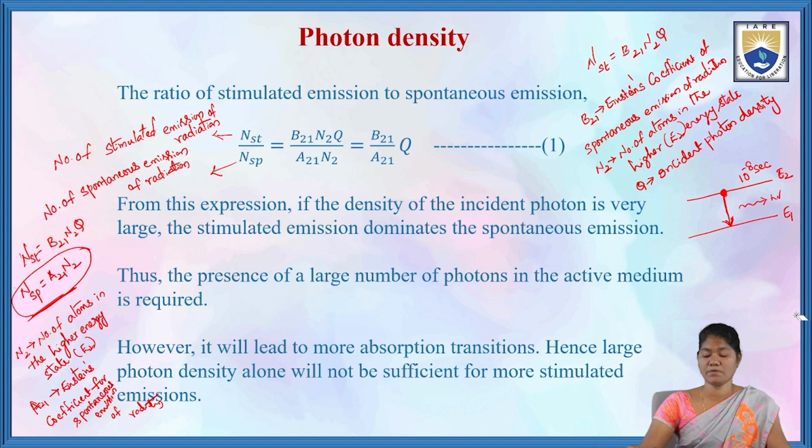In the spontaneous emission of radiation, the atom in the excited state transits to the lower energy state after the completion of 10 power minus 8 seconds.